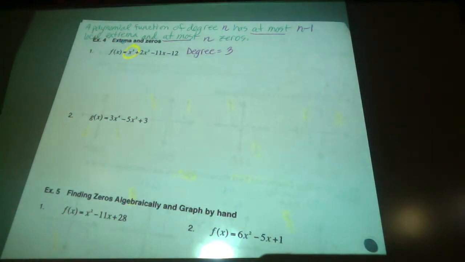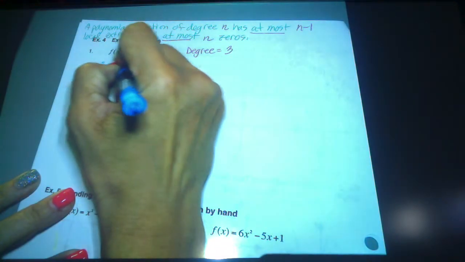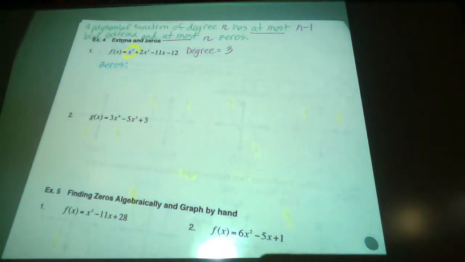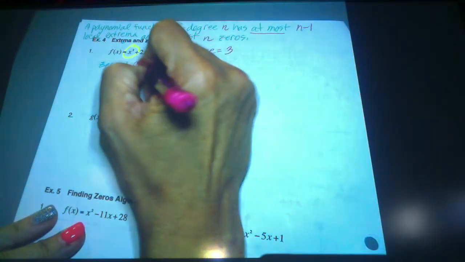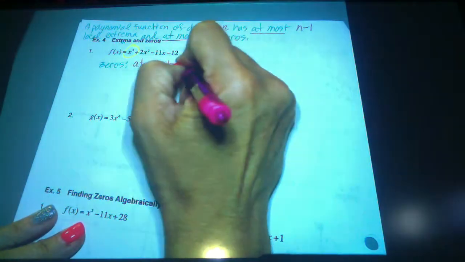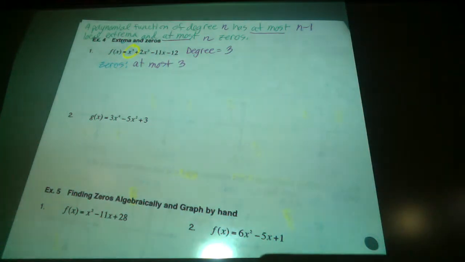What I'm going to find are my zeros first. At most, how many zeros do I have? At most, I have 3. You kind of need to use the word at most because I might not have 3. I could have 3 zeros or less.